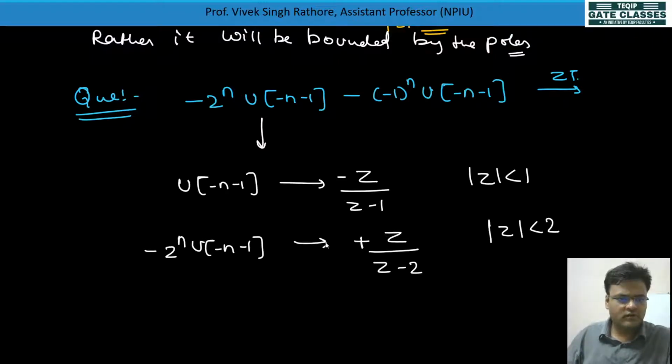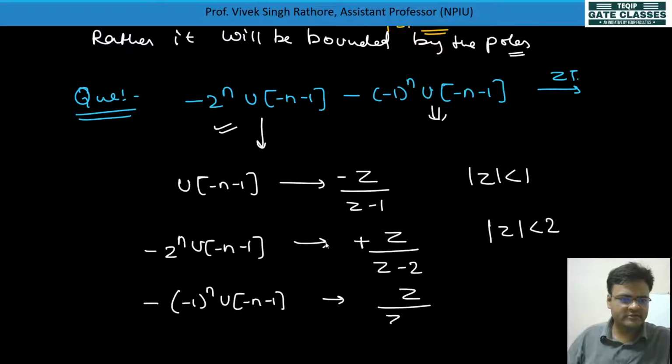Now this other portion can be written as minus, (-1)^n u[-n-1], so its z transform will be with z plus 1, and the ROC will be |z| less than 1.